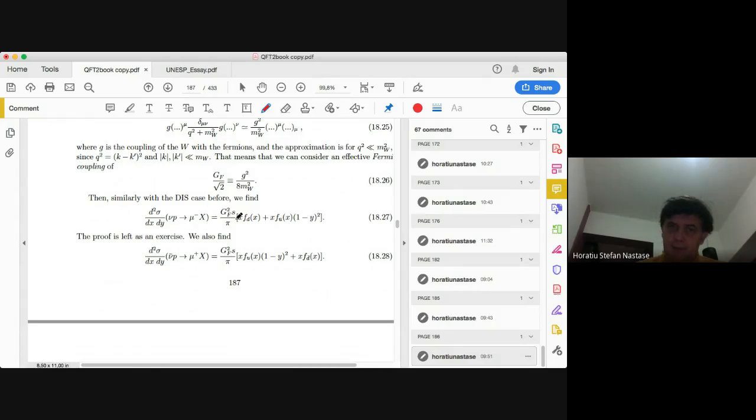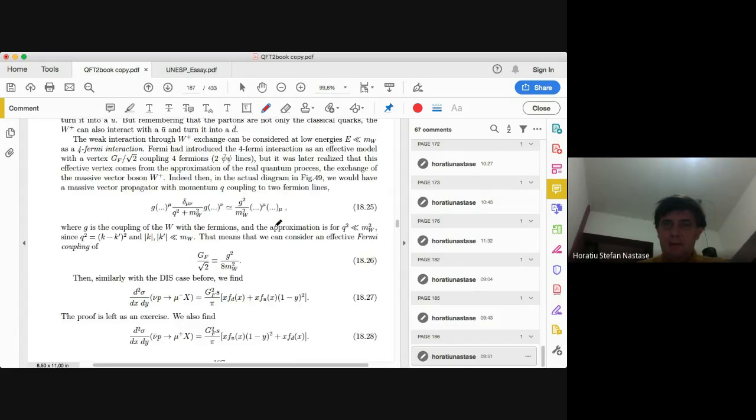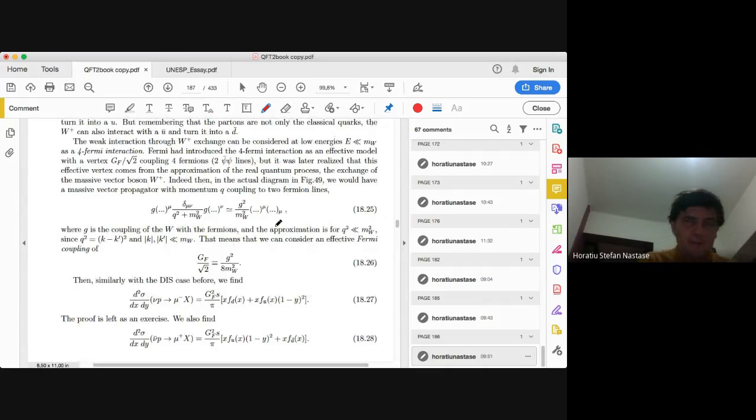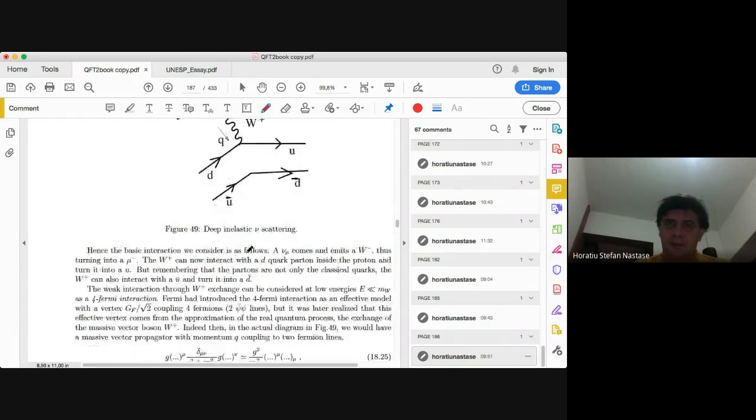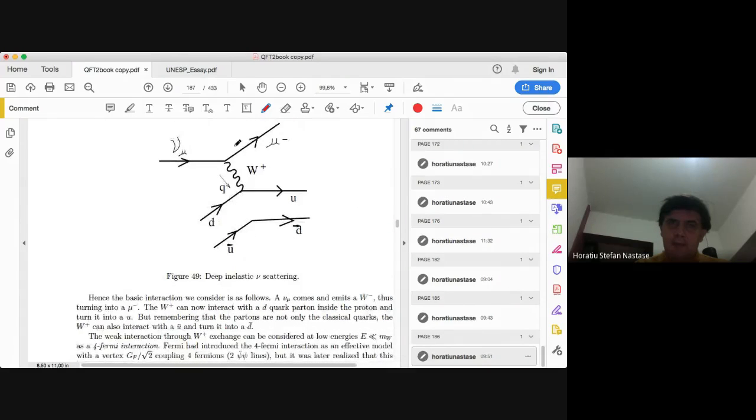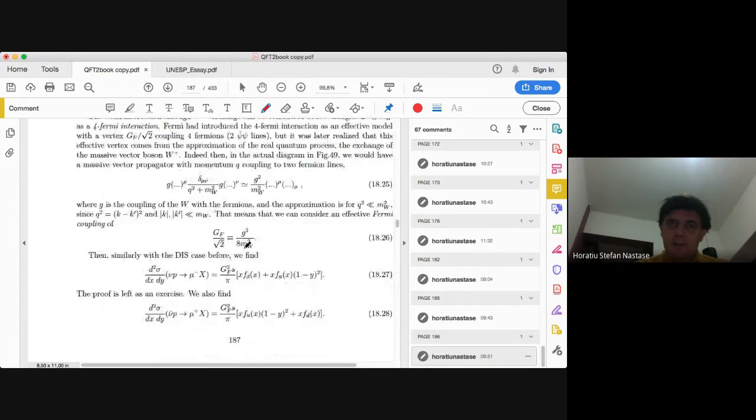Then what we will obtain will be this, and I leave it for you as an exercise, basically using the deep inelastic scattering formalism for hadrons, and then just modifying this basic interaction into the 4 Fermi interaction.